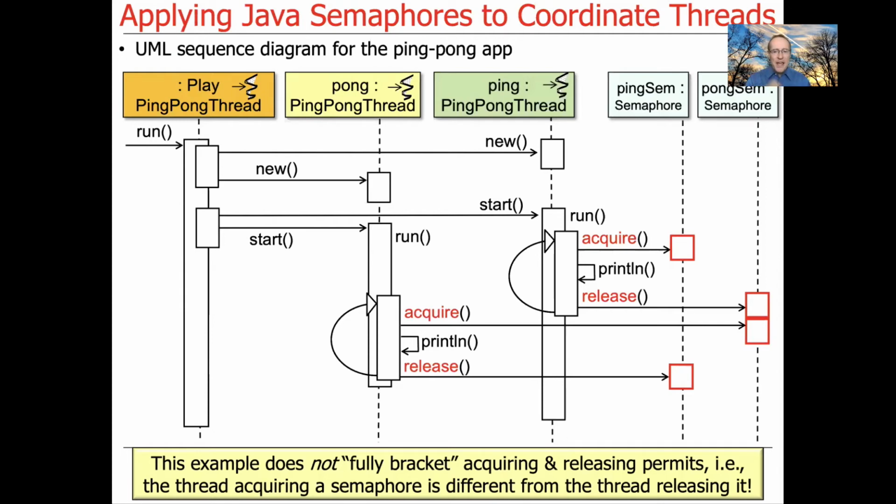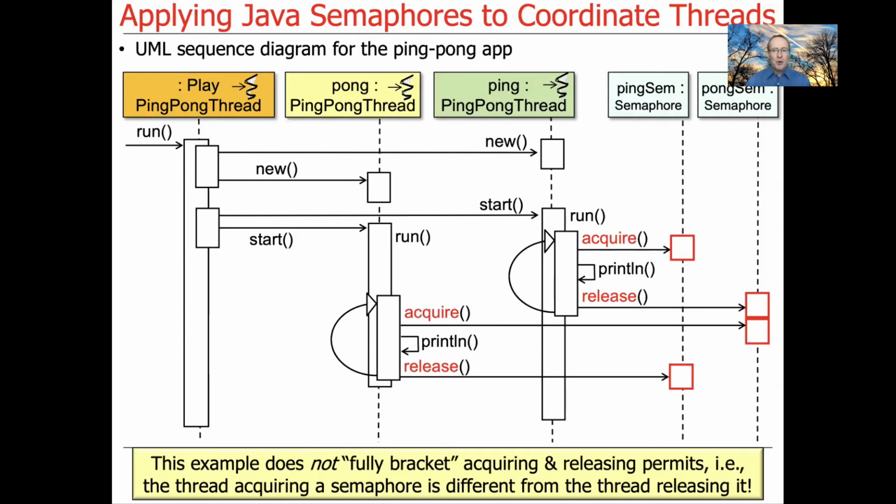It'll then print ping, and then it will release the pong semaphore. When it releases the pong semaphore, that lets the pong thread, which has been blocked trying to acquire its locked semaphore, acquire the pong semaphore, print pong, and then release the ping semaphore. And so they go back and forth, acquiring and releasing each other's semaphores.